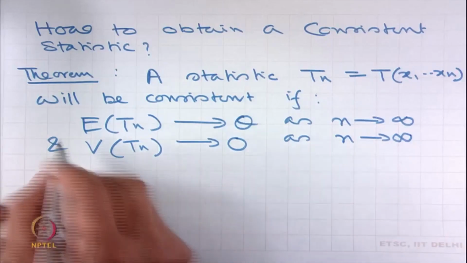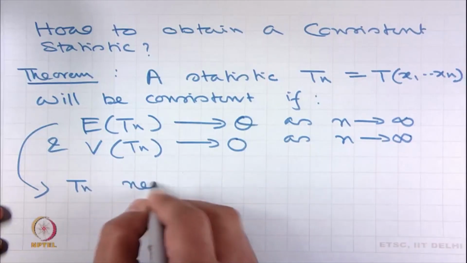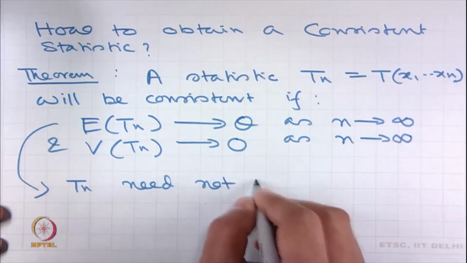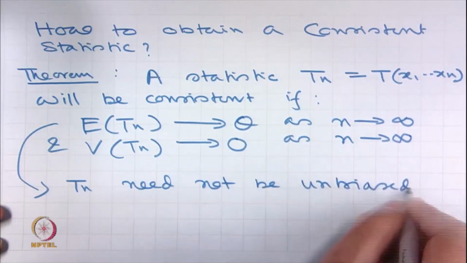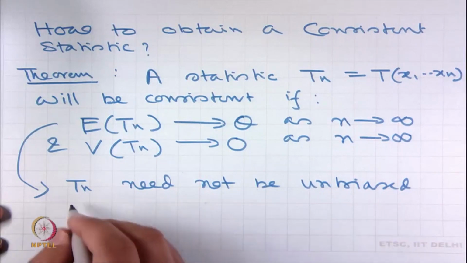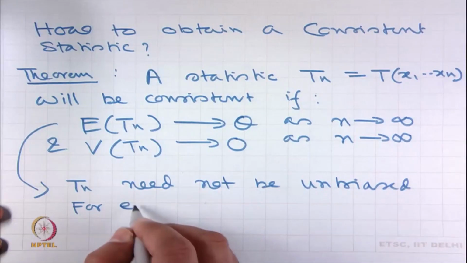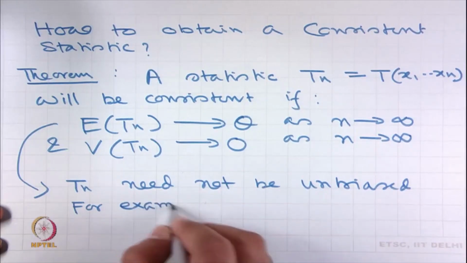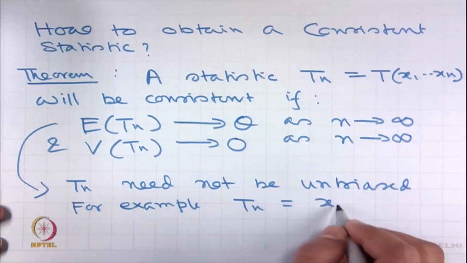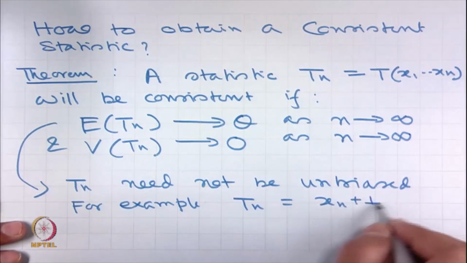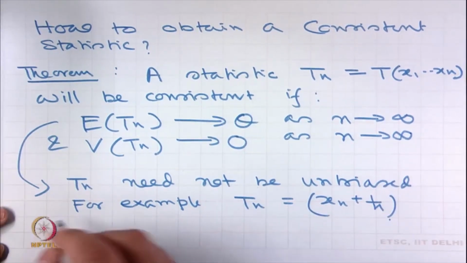So, first thing we note that T n need not be unbiased. For example, T n is equal to x bar n plus 1 by n. What is the expected value?